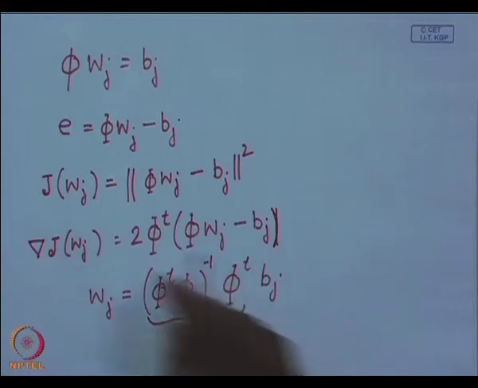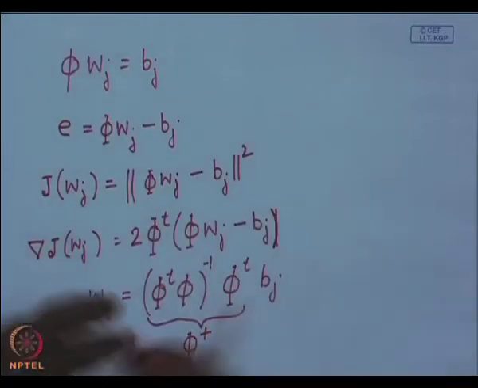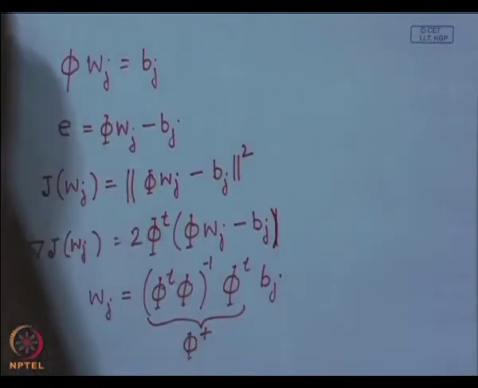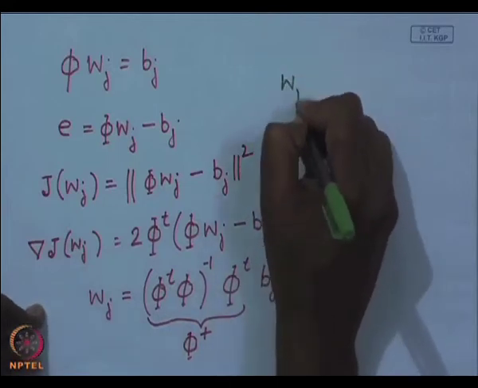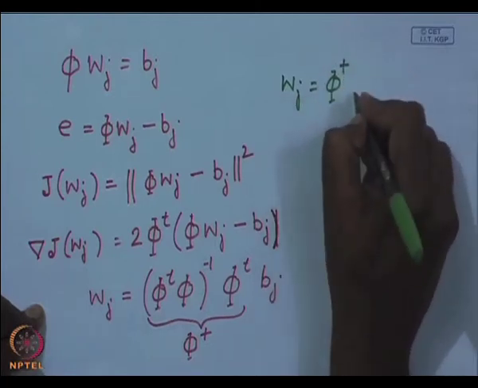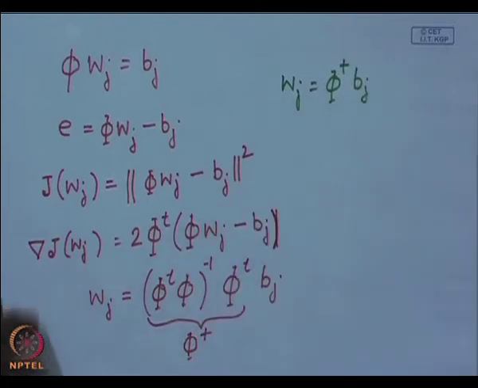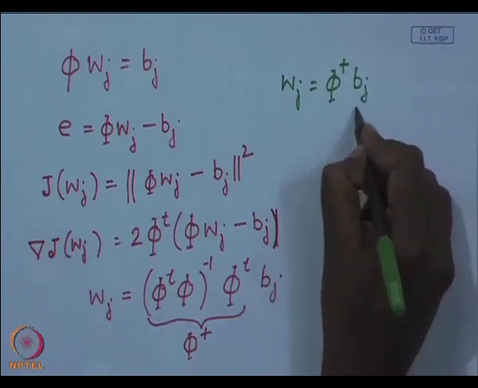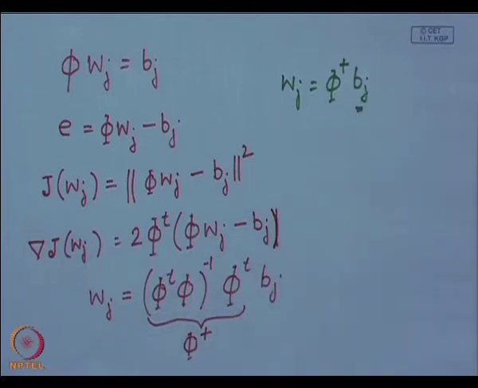So, by this pseudo inverse technique, we have w j equal to phi pseudo inverse into b j, where b j is defined beforehand. Every component of b j will be either 1 or 0. It will be equal to 1 if the corresponding input feature vector belongs to class omega j, and equal to 0 if the corresponding input feature vector does not belong to class omega j.